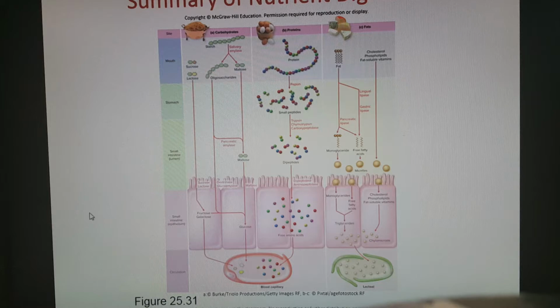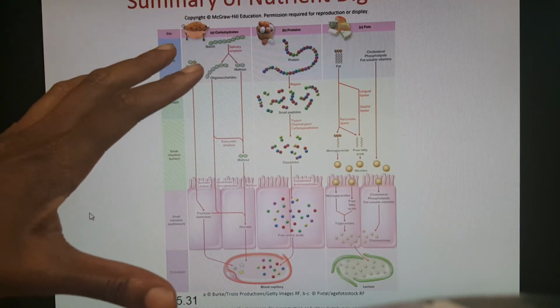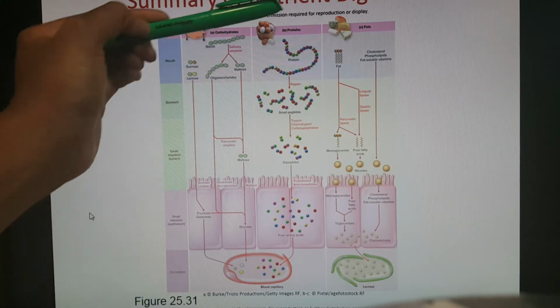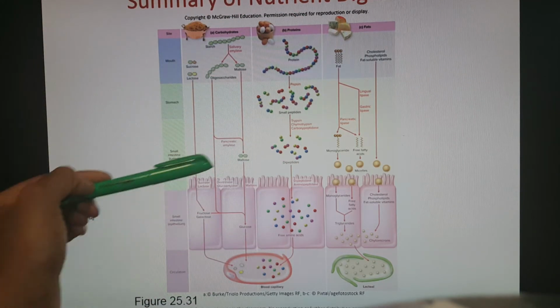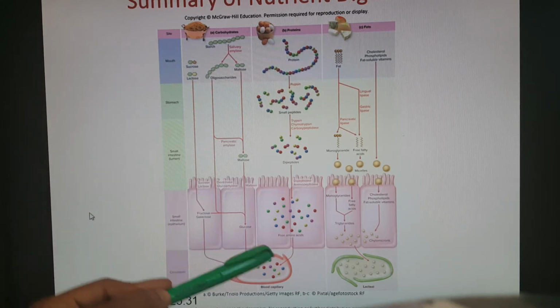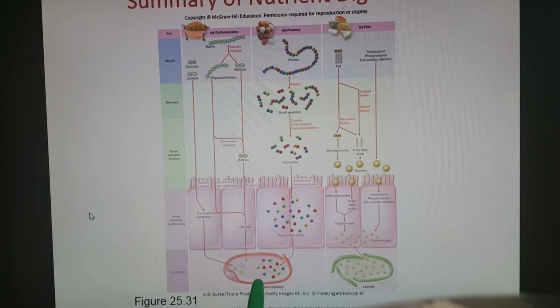So that picture just shows all your different nutrient digestions at the same time. So you have your carbohydrates in this column, proteins in this column, both of these being able to be absorbed into your small intestines and sent straight to your bloodstream.